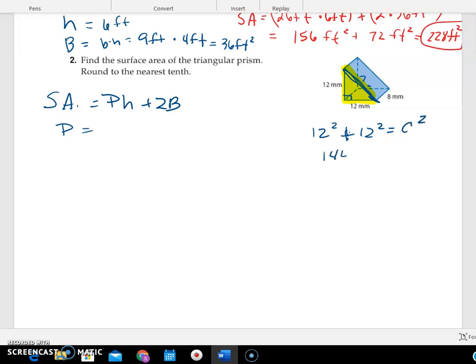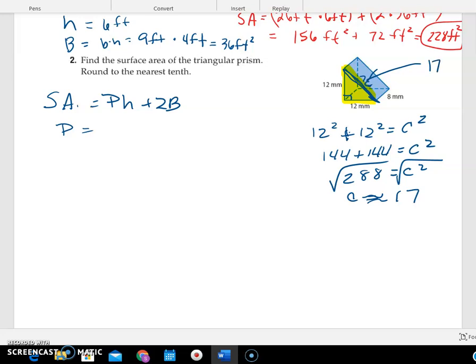So that's 144 plus 144 is equal to c squared, and so that's 288 is equal to c squared. And so we're going to take the square root. c is the square root of 288, and that's about 16.97. We're going to just round that to 17. So I'm going to let this be 17 millimeters. So that helps us with our perimeter.